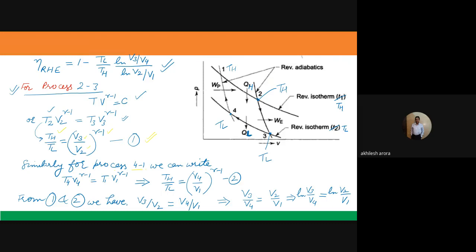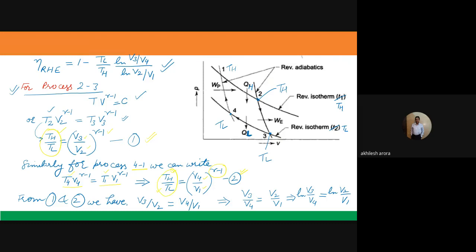Similarly, if we take the process 4 to 1, we can write T4 V4 raised to power gamma minus 1 is equal to T1 V1 raised to power gamma minus 1. As I told you, T1 is TH, T4 is TL. So I can write TH by TL is equal to V4 by V1 raised to power gamma minus 1. And this is equation number 2. If you see both these equations, the left hand side is TH by TL.